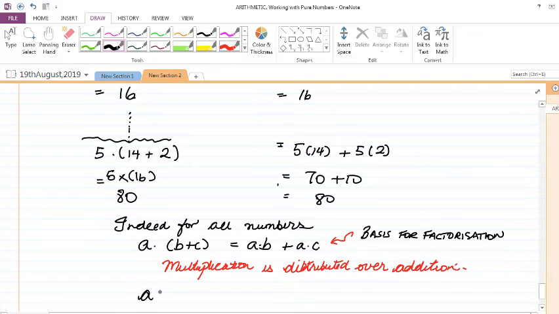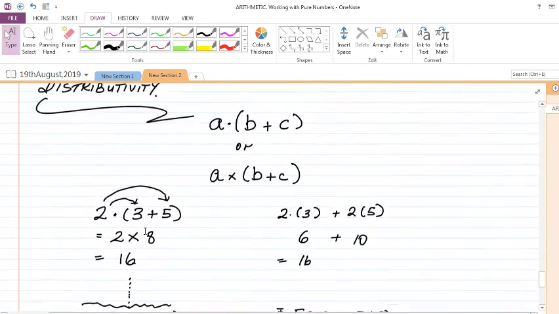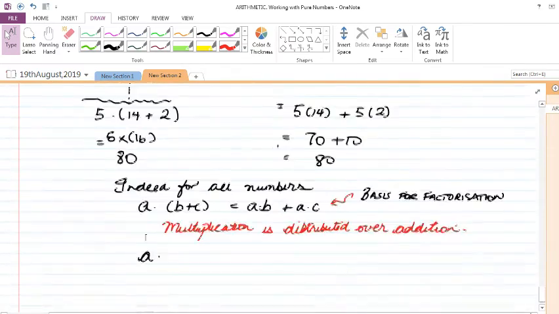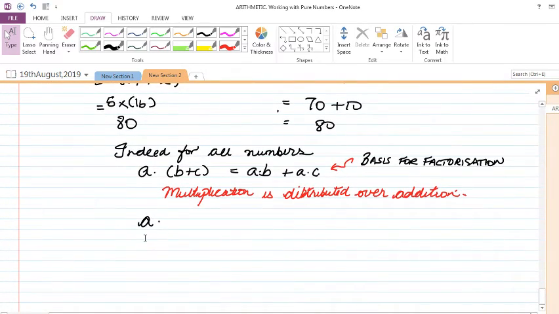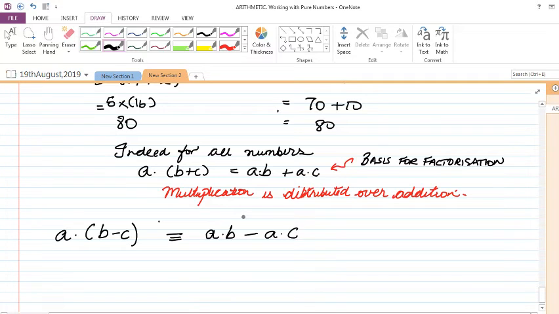As a matter of fact, we also want to see if A into B subtract C is always the same as AB minus AC. Alright, I wonder if that also is the case. But let's see.